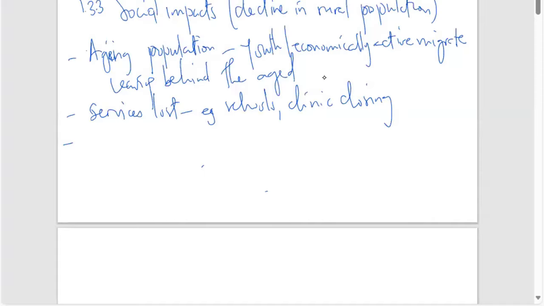When a service, for it to be functional, needs to maintain a minimum number of people, and if it fails to get that minimum to support it, its viability is threatened, and hence it is going to close down. So at the end, we have typical problems of services being lost, service provision being lost. We can also talk of aspects like increased poverty in the rural areas.